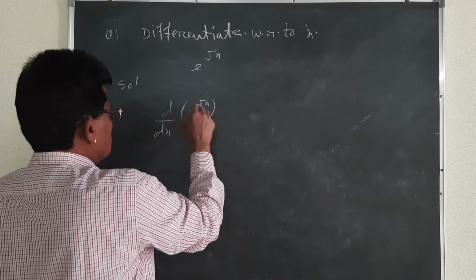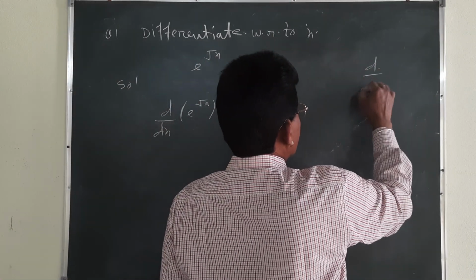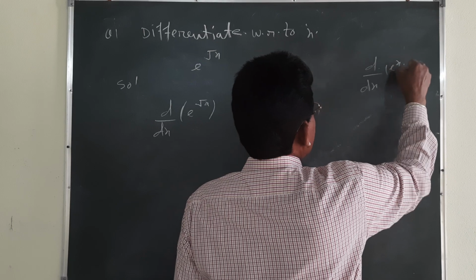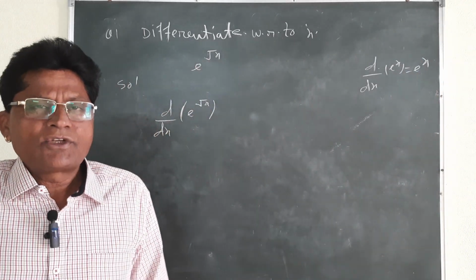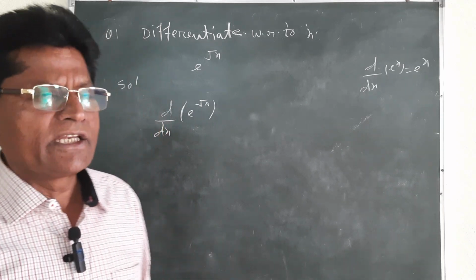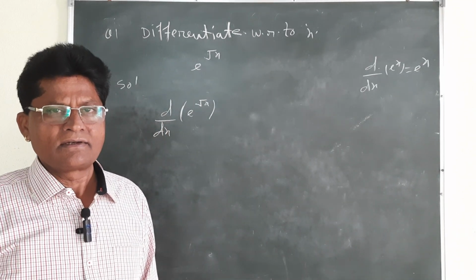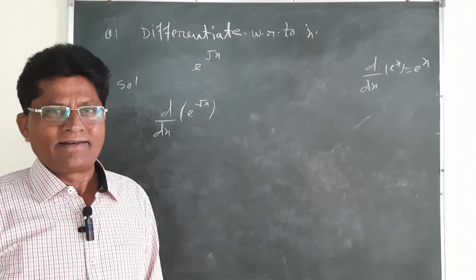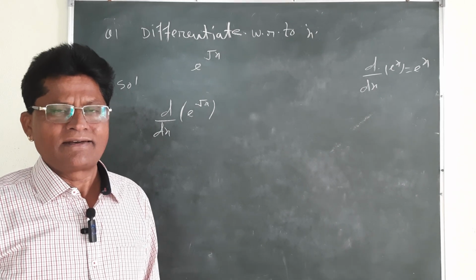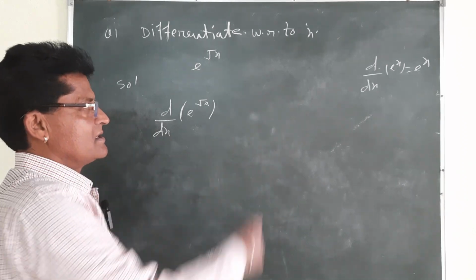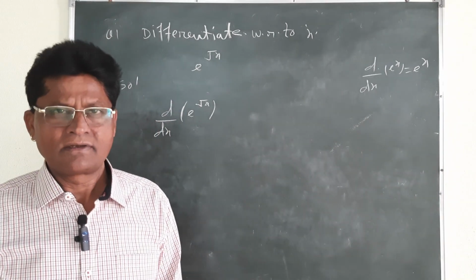As I told you, the differentiation of e to the power x is e to the power x itself. But as I told you, we will use the chain rule. Chain rule means you must differentiate properly each and every function, because here a function of a function is given.